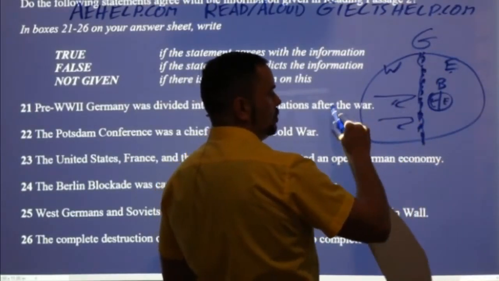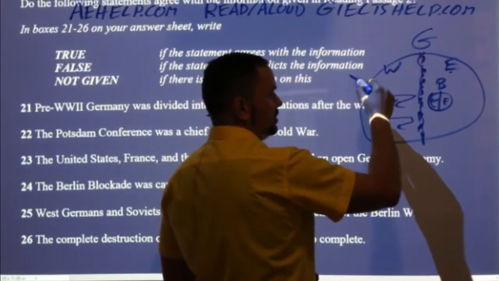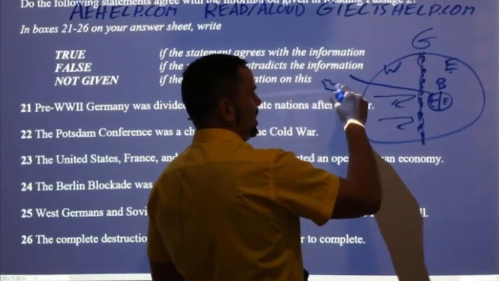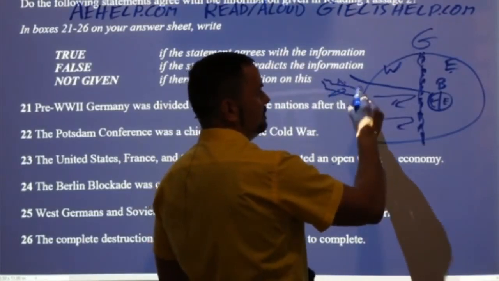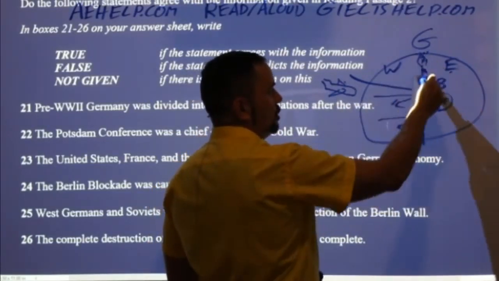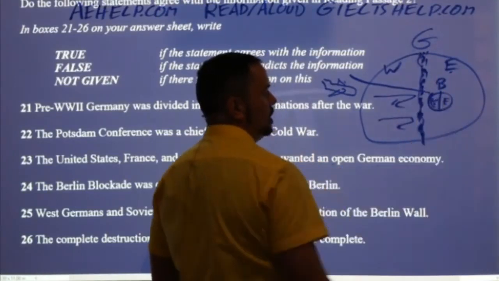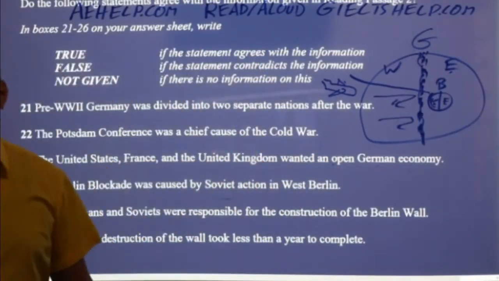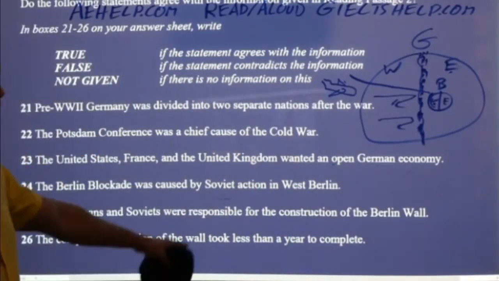So what happened was the Americans and the British had to fly the airplanes. Okay, so this is where you have your airplanes. And they had to fly the airplanes over this blockade into West Berlin. Does that make sense now, how this answer is true?